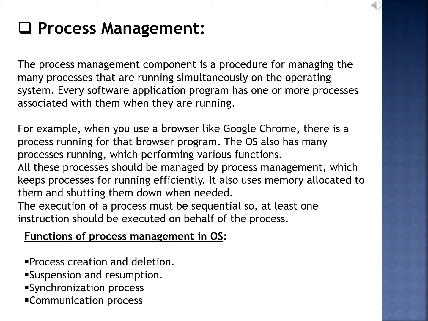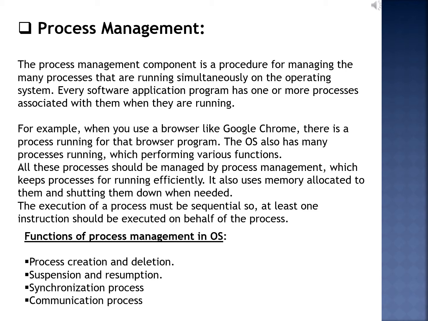It also manages the memory allocated to them and shuts them down when needed. The execution of a process must be sequential, so at least one instruction should be executed on behalf of the process.